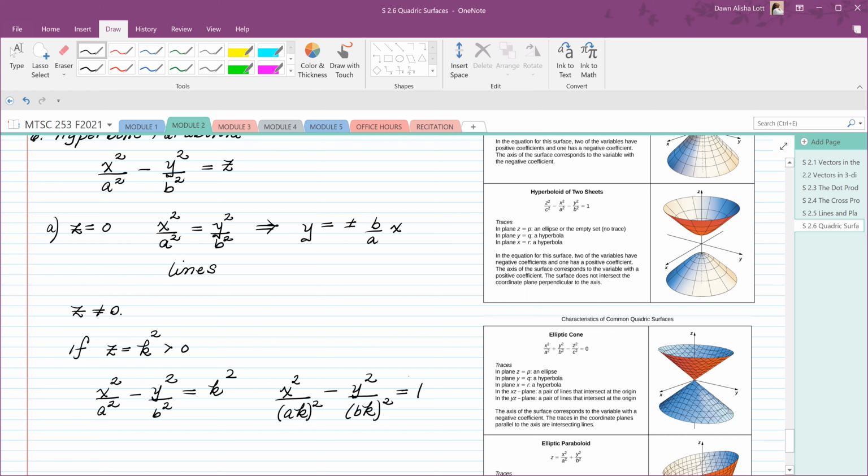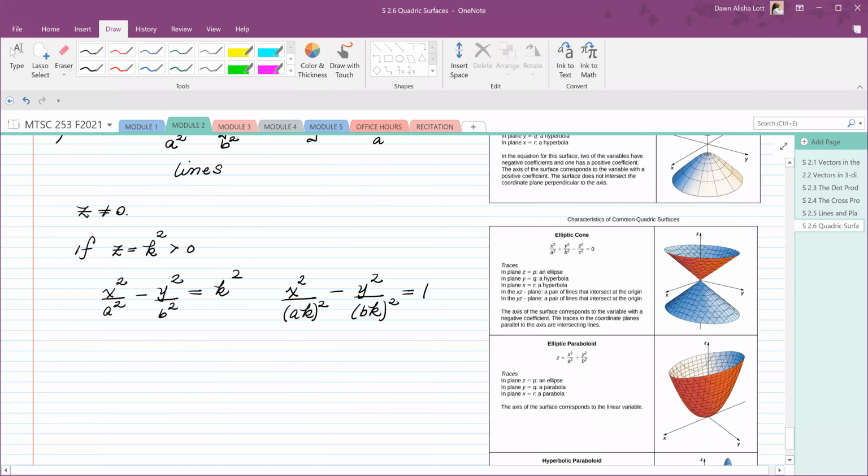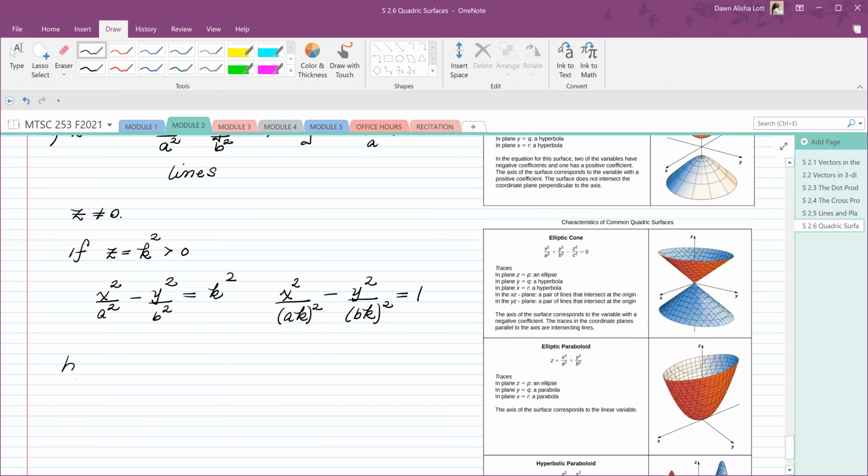And this is a hyperbola that opens in the x direction.